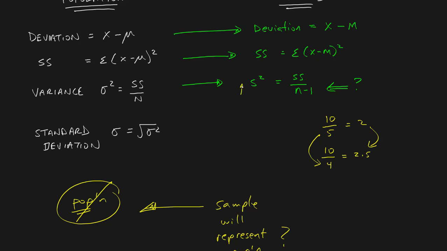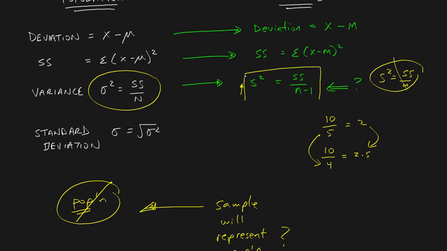We're giving it an artificial boost because we know it's probably going to be too small if we simply just said that s squared equals the sum of squares over n. If we just tried to follow this formula but used sample data to fill it out, it would be too small. So instead, we do this. We give it that extra boost.